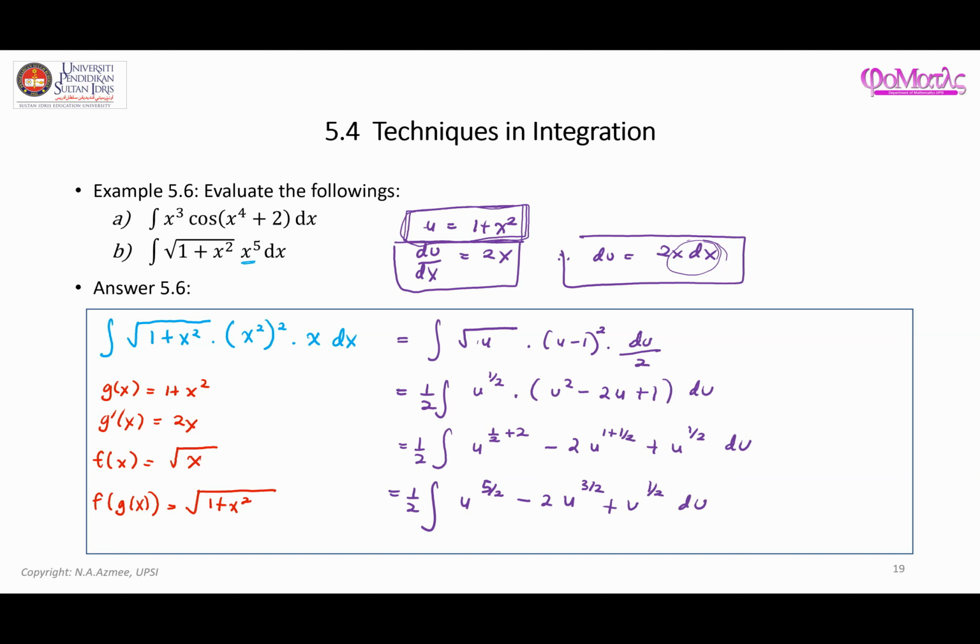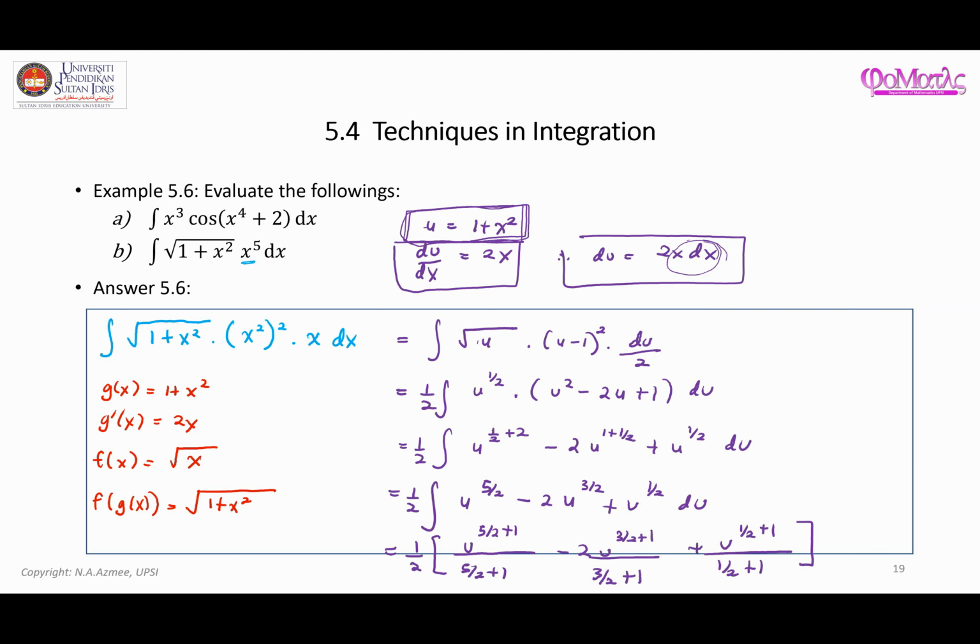So when you integrate, this is very straightforward. I'm sure you can do it on your own. I'm just going to roughly guide you through this. So that will become u to the power of 5 over 2 plus 1, negative 2u to the power of 3 over 2 plus 1, plus u to the power of 1 over 2 plus 1, and you will evaluate that.